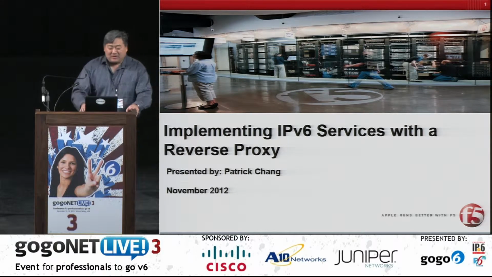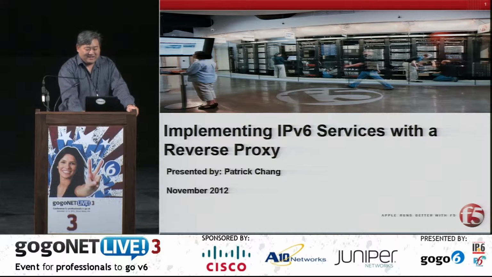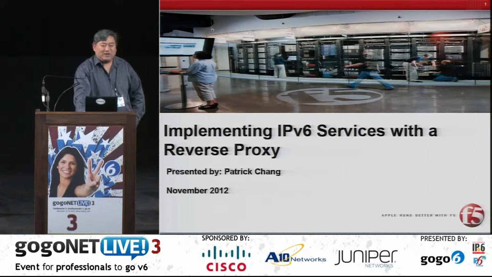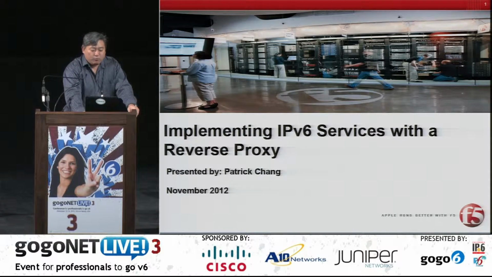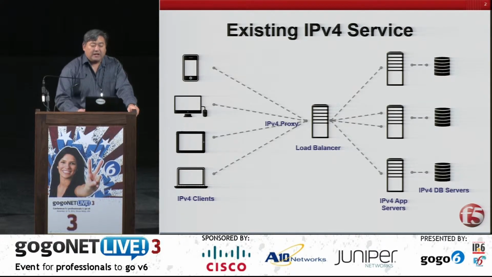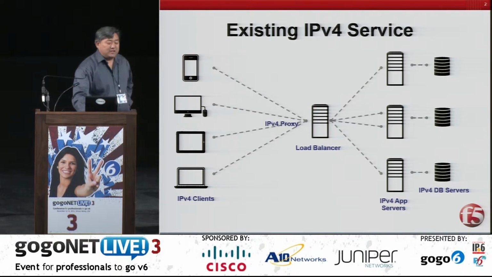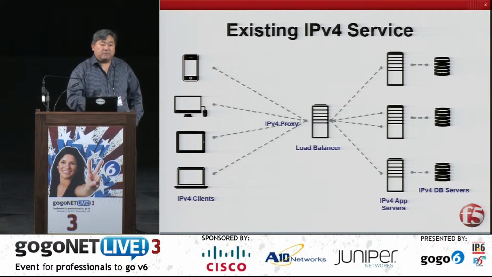Let me start off with saying that despite me being what we call a regional architect, this is not really a sales pitch, and I'm keeping it fairly generic. So typically, what we see in your existing enterprise network is that you have this IPv4 service already, and you typically have a load balancer in there because you need to scale.